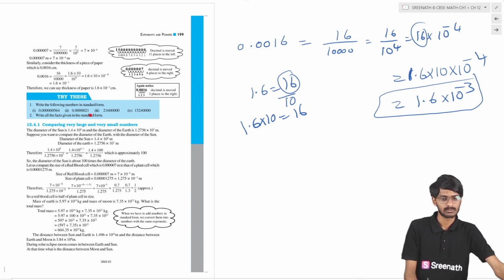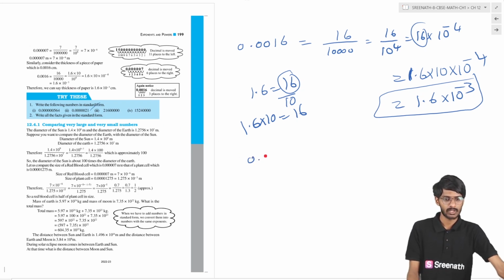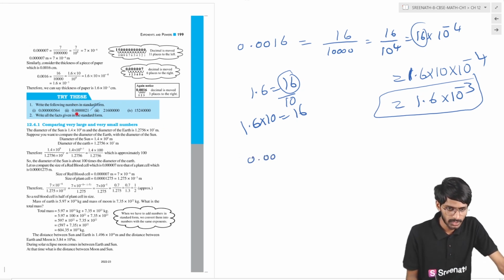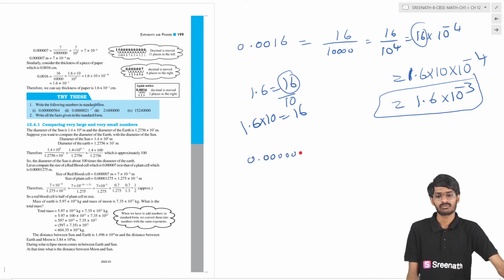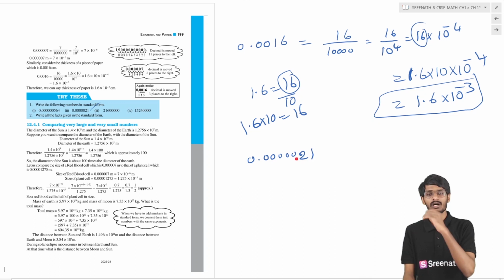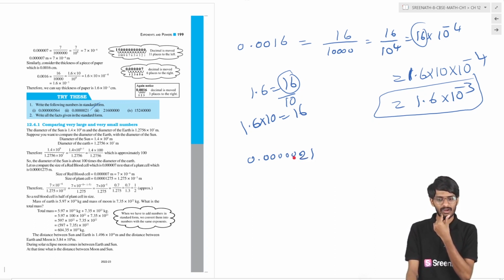Now we will write this. There is 0.00. How many zeros? 1, 2, 3, 4, 5 zeros. So the dot has to be moved. How many digits? 1, 2, 3, 4, 5, 6, 7. 7 places it has to be moved.